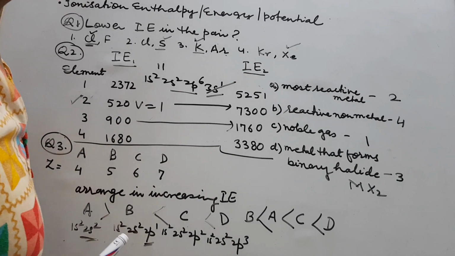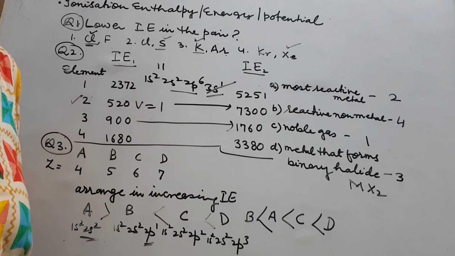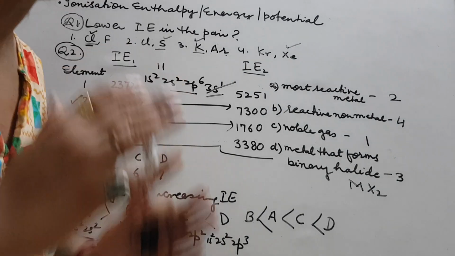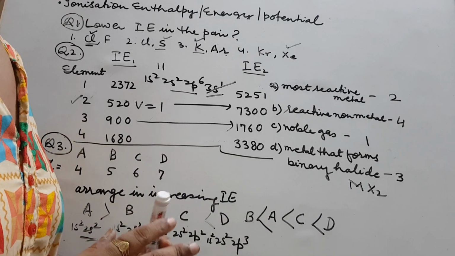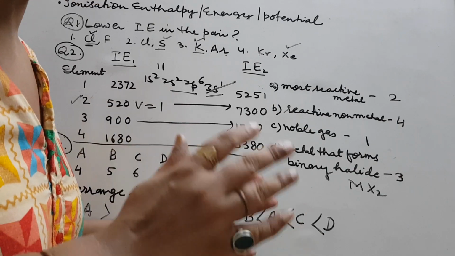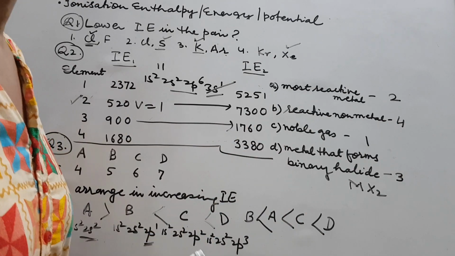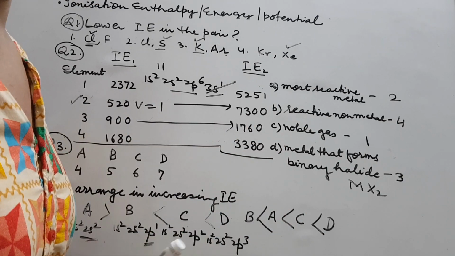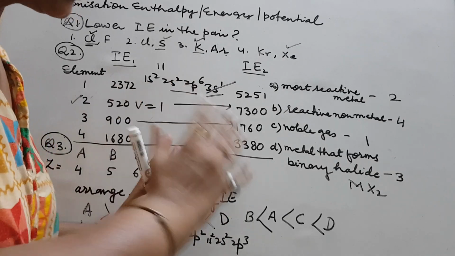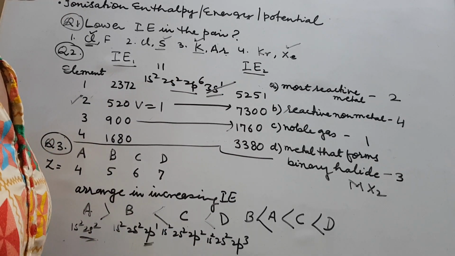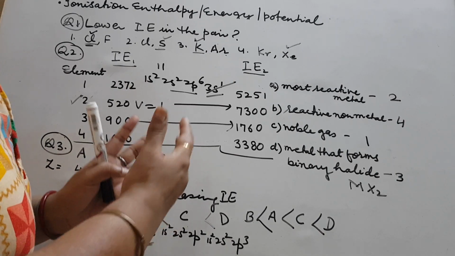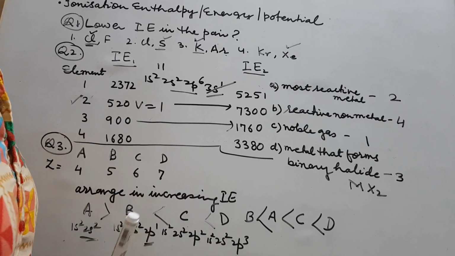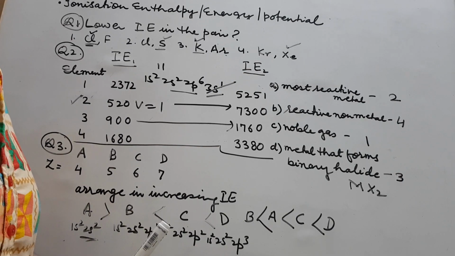Do revise and try those questions again which are given as the solved examples in your book. It's a must. You can always expect questions for 2 to 3 marks or 2 marks at least in your paper from this topic only, ionization enthalpy. Very, very important property and I hope it is clear. I discussed all. You just revise at home, please.